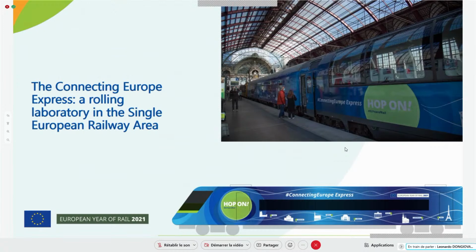At the end of the journey, we also took the opportunity to take some lessons learned from the Connecting Europe Express. So we can call it a rolling laboratory of the single European railway area.